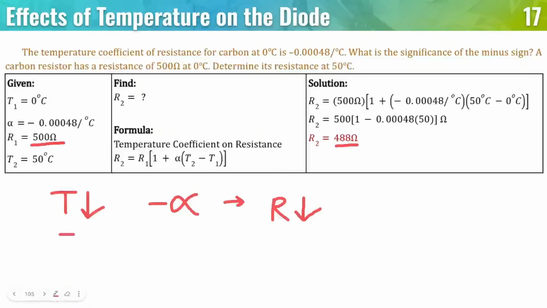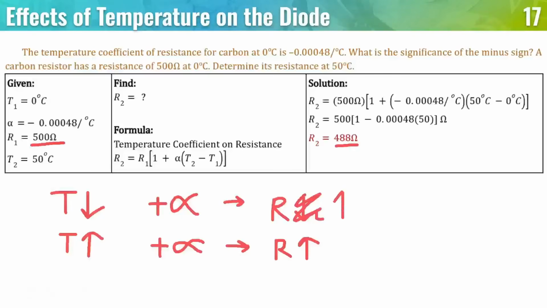For example, if the temperature goes down and it is still negative, then that means the resistance will go up. Similarly, if this becomes positive, then this will switch. So the resistance is going up in the case that the temperature lowers and the coefficient is positive. And if temperature rises while the coefficient is positive, it's going to become a lower resistance.